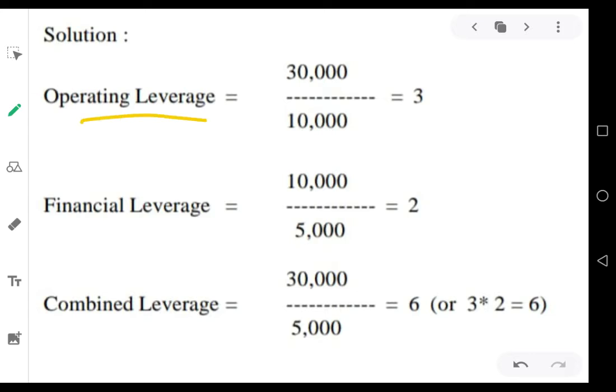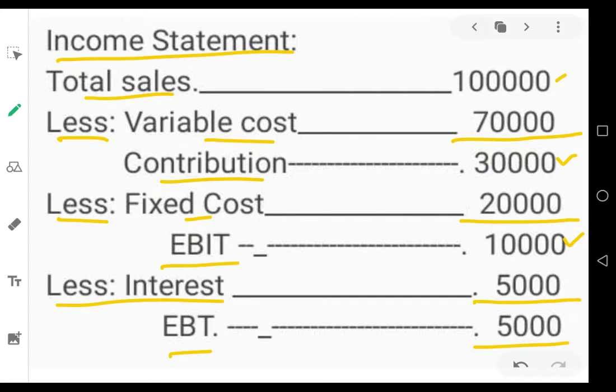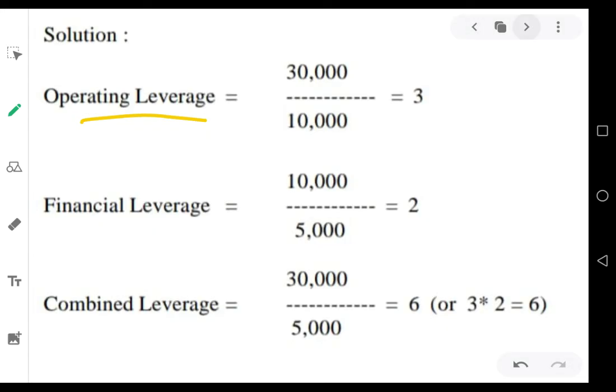What is the operating leverage? The operating leverage formula is contribution by EBIT. Contribution in this case is 30,000. EBIT is 10,000. Therefore, the operating leverage formula is contribution divided by EBIT.